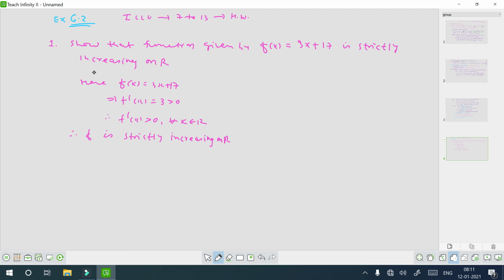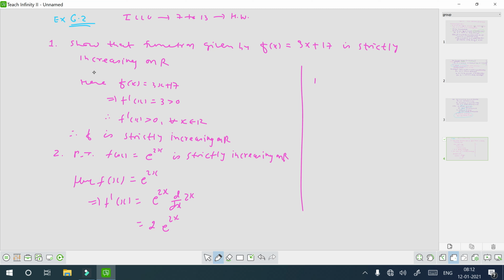Similarly, second sum, prove that f of x is equal to e raised to 2x is strictly increasing on R. Here f of x is equal to e raised to 2x. Implies f dash x is equal to 2 e raised to 2x, since derivative of e raised to some function is e raised to that function times d by dx of that function.